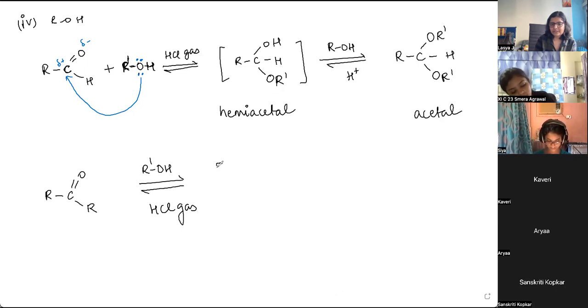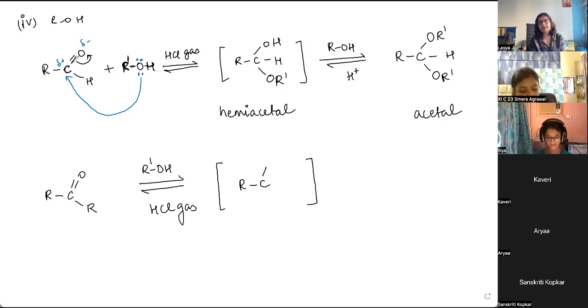What is the intermediate that we get from this? Will the double bond of the O be retained or no? No, it breaks, right? It's nucleophilic addition, and in nucleophilic addition the double bond breaks. It's an addition reaction by definition, because things are being added on either side of the double bond.